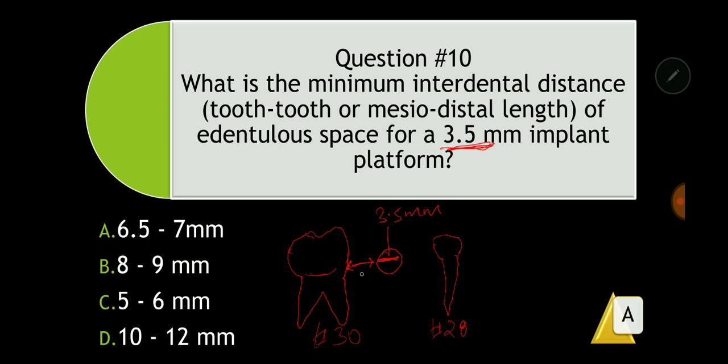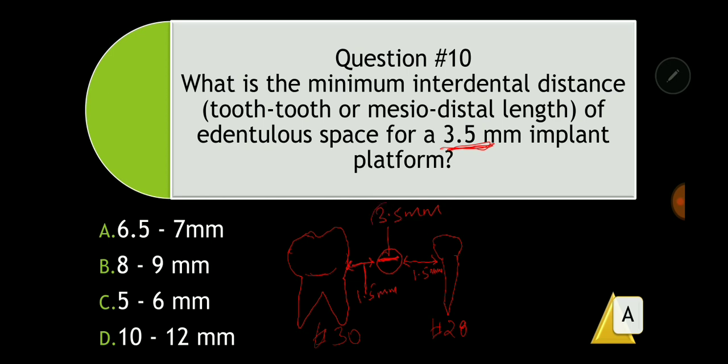So this distance here is supposed to be at least 1.5 millimeters, and this distance here from the implant to the tooth is supposed to be 1.5 millimeters. So how much distance do you need at least?